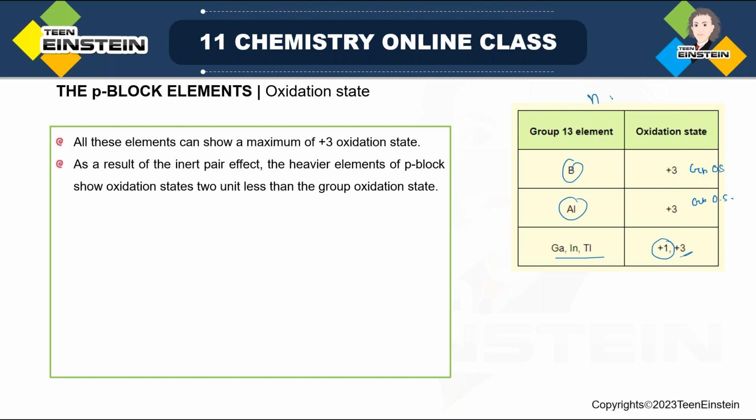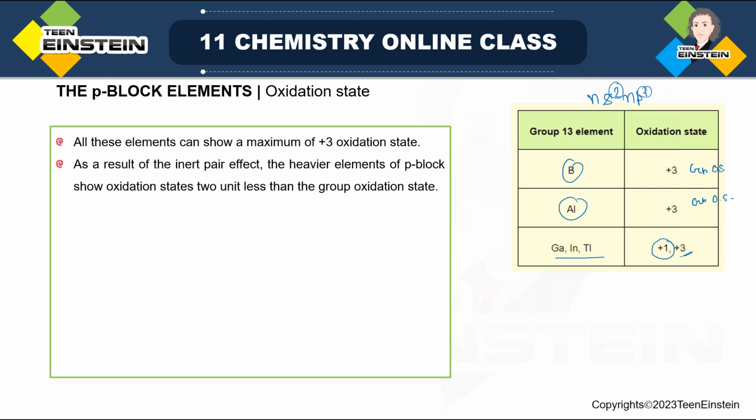Now to understand oxidation state, we have to write the valence electronic configuration, which is ns2 np1. If you remove the single electron from np, you will have oxidation state +1. But if you remove all 3 electrons, that is the ns2 electrons from ns and also the single electron from np, then you will have +3 oxidation state.